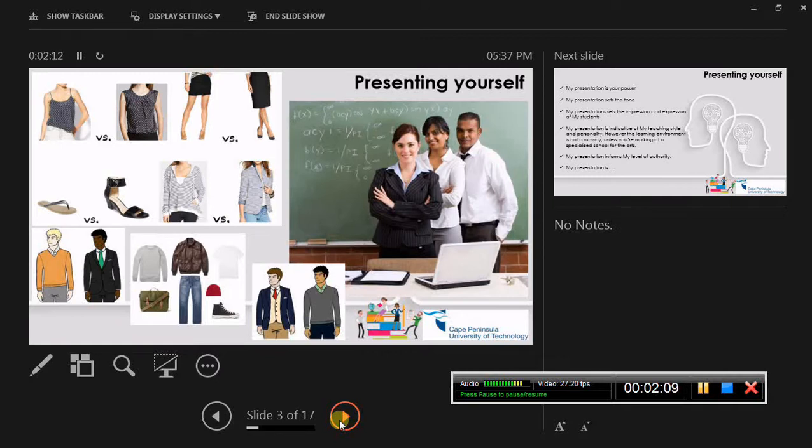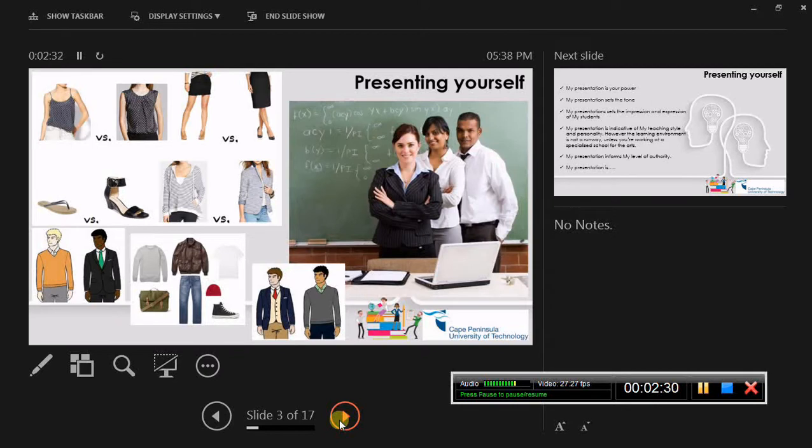So for example, females, your blouse should not reveal your cleavage, right? Or your skirt should not be short enough to be a crazy distraction to your students or your colleagues.